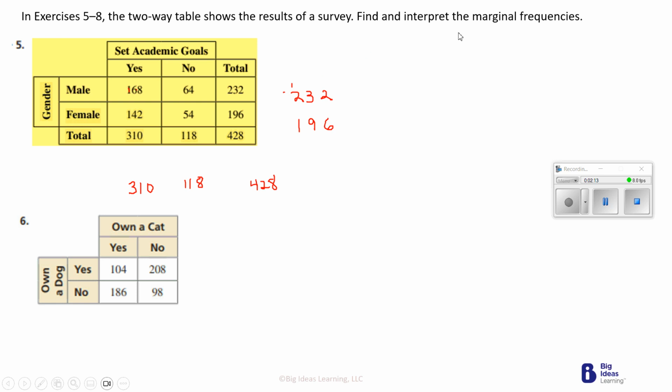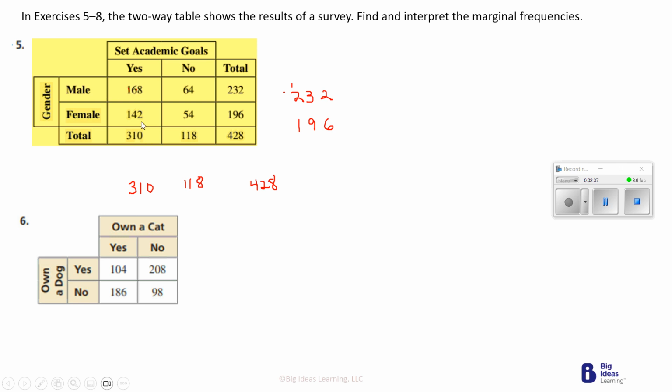Now, how would you interpret this? Well, I interpret it as saying there are 232 male students that were asked if they set academic goals, right? Then you have 196 female students that were asked if they set academic goals.